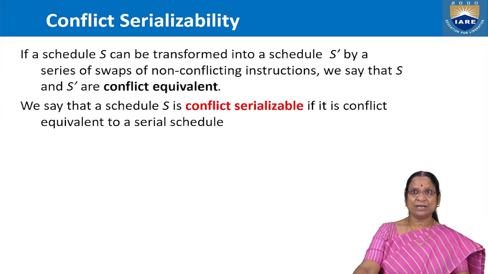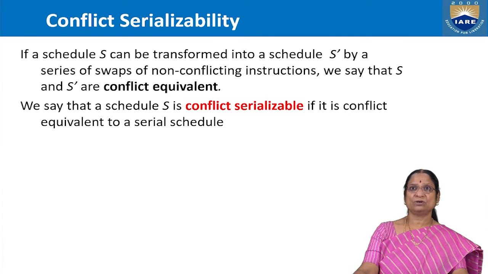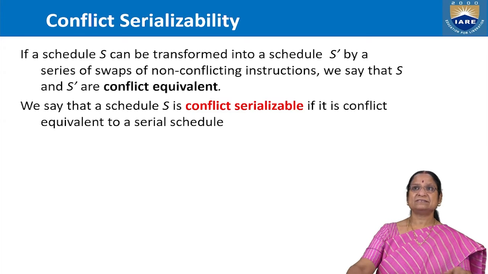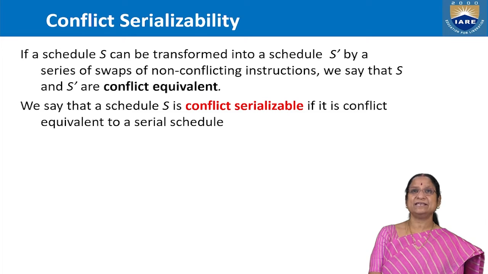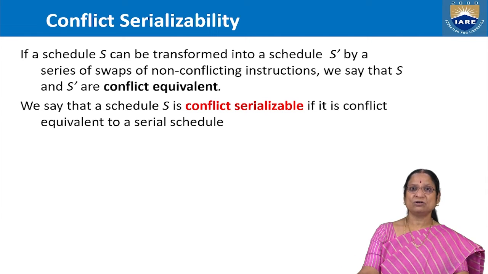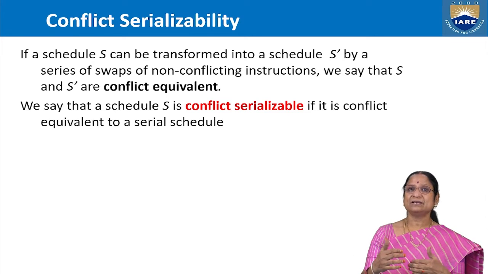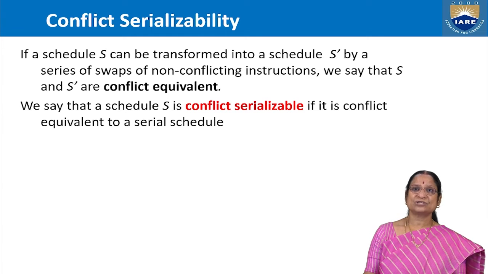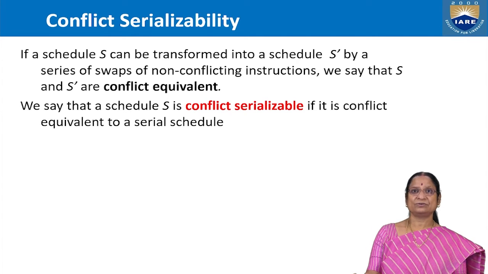So if any schedule S is equivalent to some serial schedule, we call it conflict equivalent. We say that schedule S is conflict serializable if it is conflict equivalent to any serial schedule. That is, non-conflict instructions we can interchange, swapping instructions according to the chronological order.